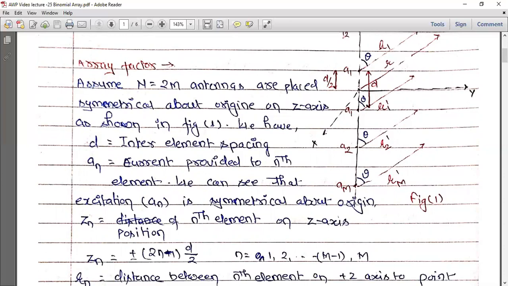So the first element is placed at Z1 equal to d by 2, plus or minus, depending on the positive or negative axis. Similarly, the last Mth element will be placed at (2M minus 1) d by 2, plus on the positive Z axis and minus on the negative Z axis.